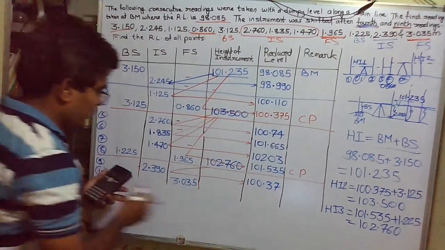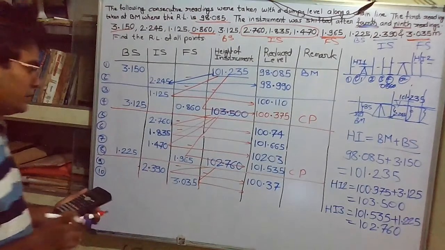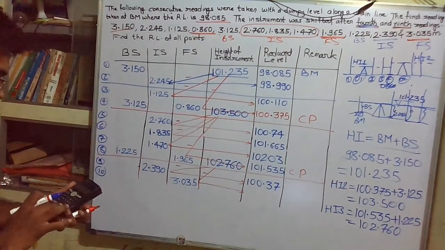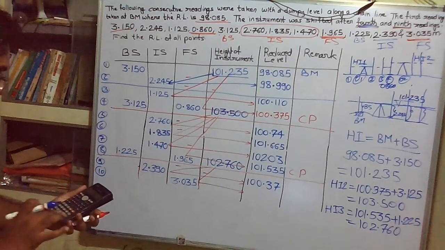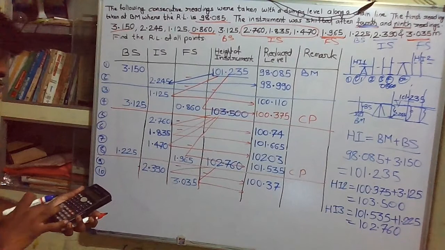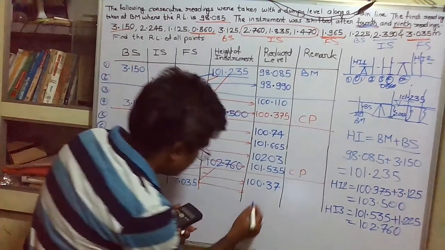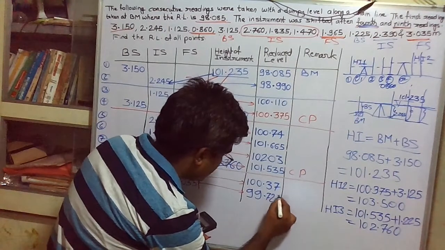Again, 102.76 minus 3.035 comes to be 99.725.